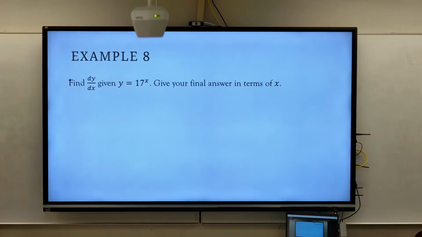We have no derivative rule for this. We have e to the x, but we have never seen a derivative of any other number to a power of x. And let's say I want my final answer in terms of x only.